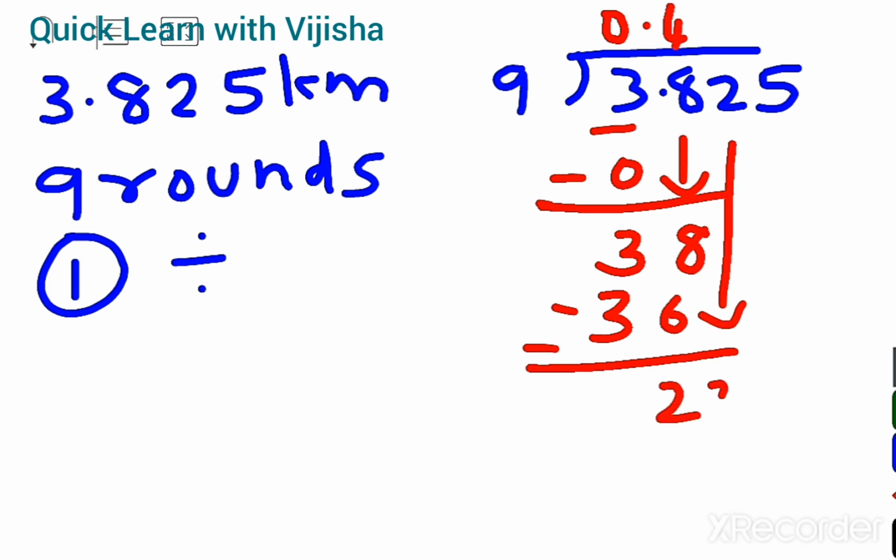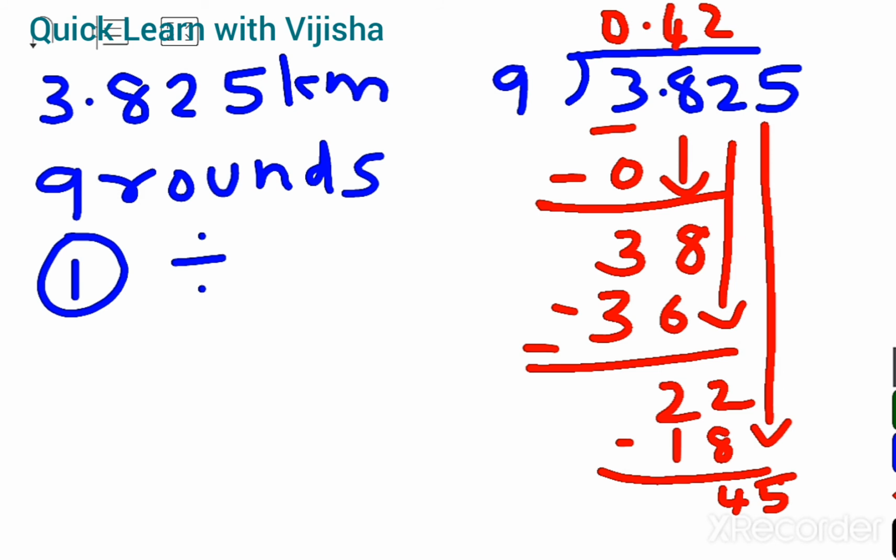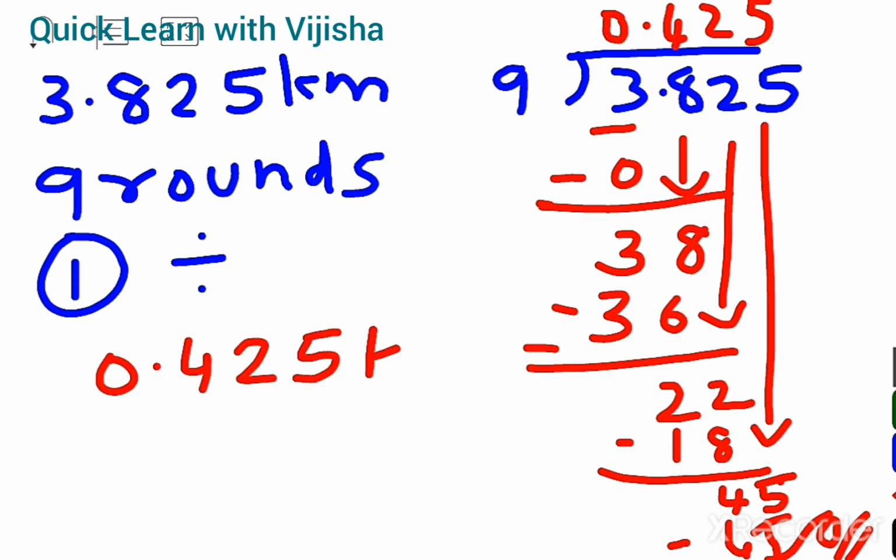Next number is 2, so it comes as 22. 9 twos are 18. 22 minus 18 will give you 4, and the next number is 5. So 9 fives will give you 45. So the remainder is 0. So 0.425 kilometer she walks in 1 round.